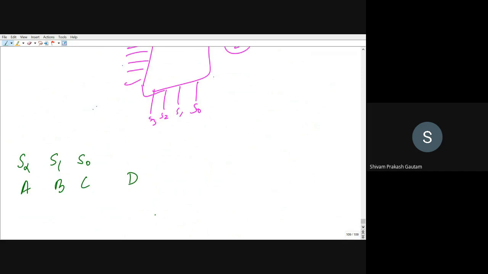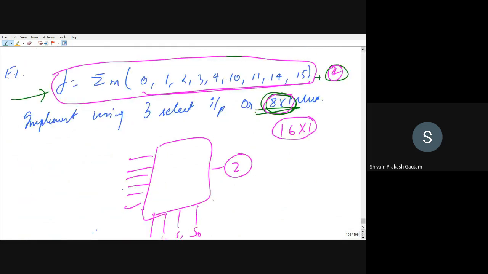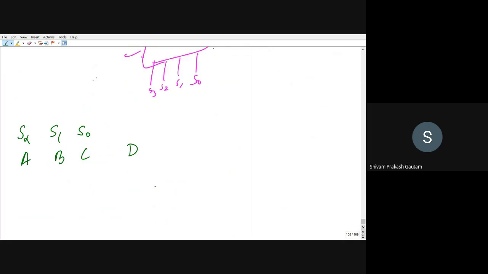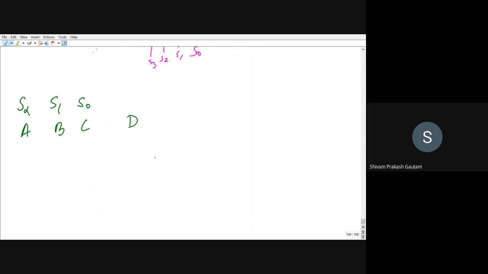Why 3 select lines? Because it has been provided in the question that you have to use only 3 select lines. 3 select lines or 8 cross 1 multiplexer, both are the same thing, right? So I have arranged it like this. Up till this there is no problem. Now we want to fill this table first, then we will see what can be done.